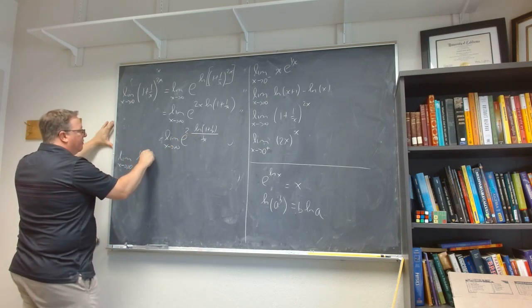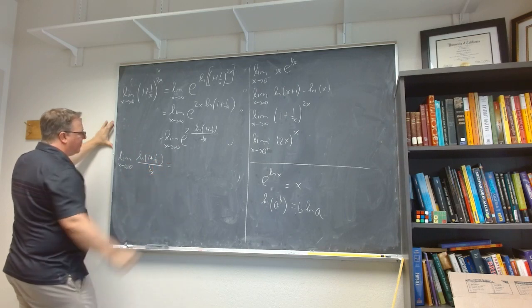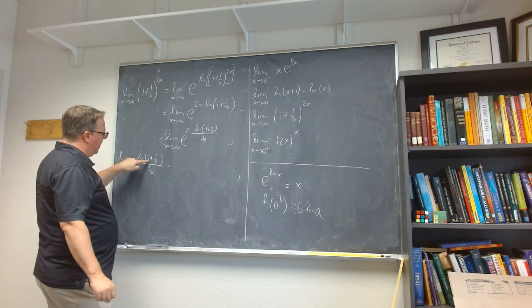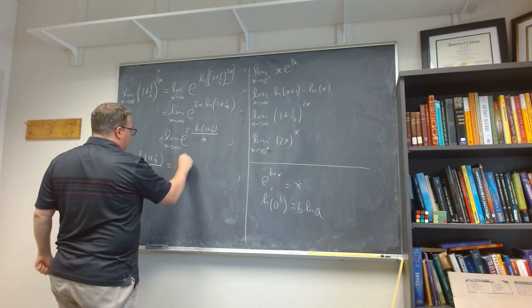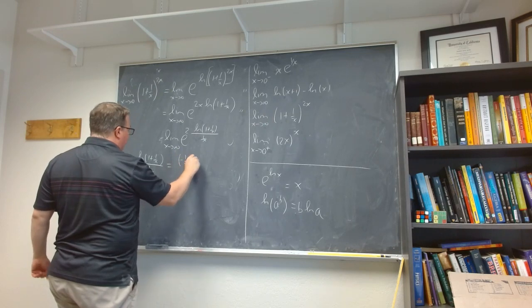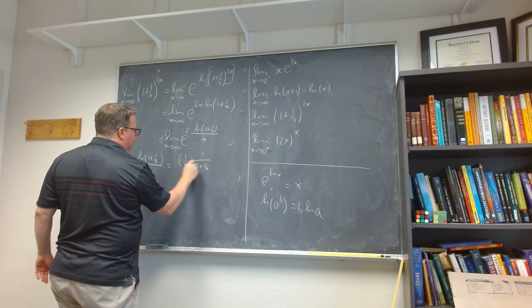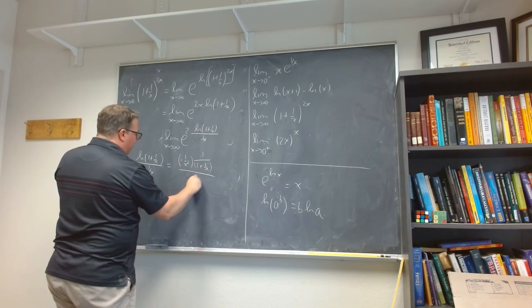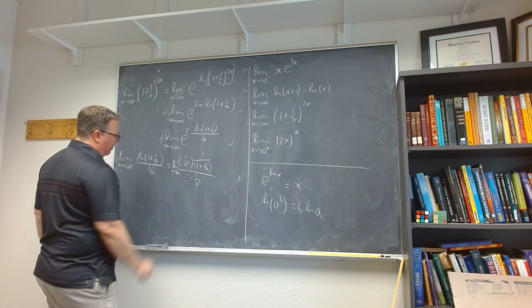The natural log of 1 plus 1 over x over 1 over x. By L'Hopital's rule, this is going to be the derivative of the top part, which is going to be negative 1 over x squared times 1 over 1 plus 1 over x, divided by the derivative of the bottom, which is negative 1 over x squared, and this will be the limit as x goes to infinity.